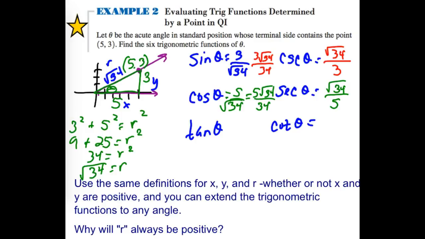All right, and last one. Tangent uses which sides? Opposite over adjacent, which in our picture is labeled y over x. Okay? So y over x would be 3 over 5. Nothing to rationalize there. Cotangent would be 5 over 3. All right.